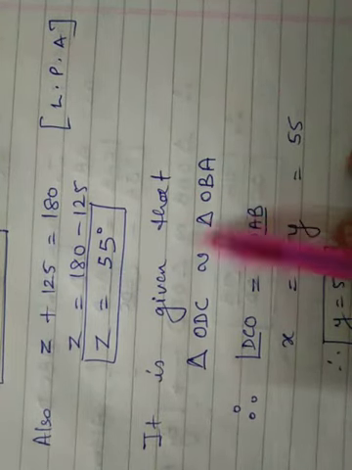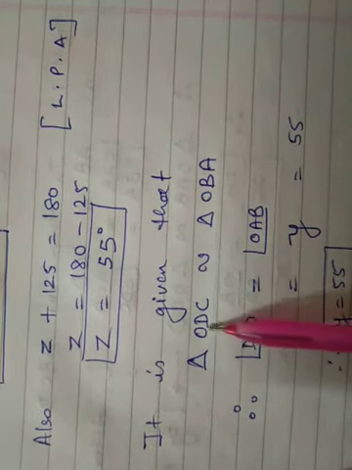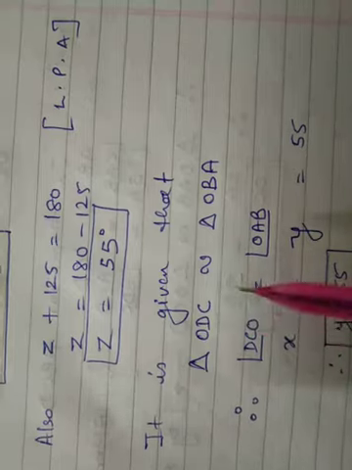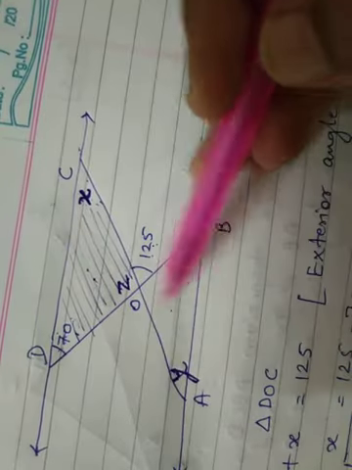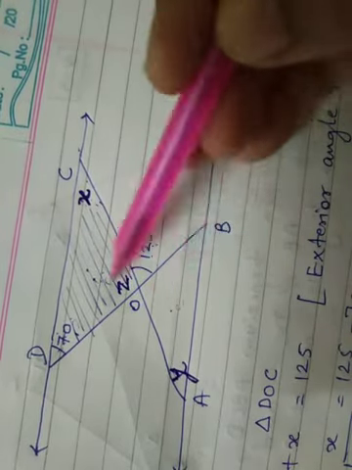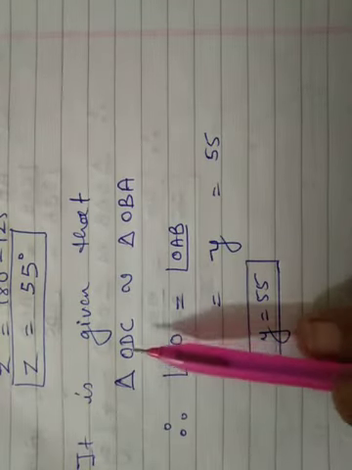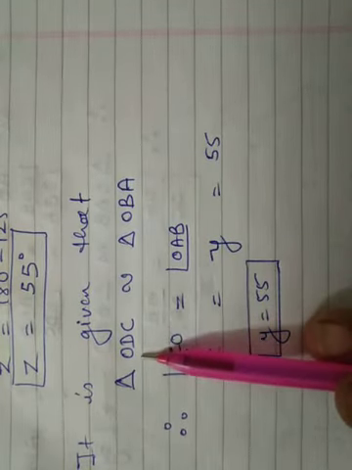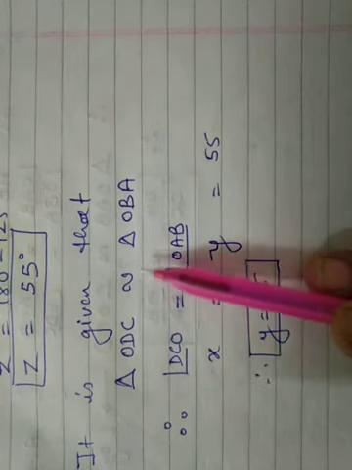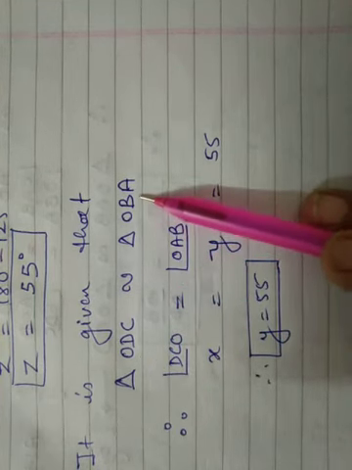Now they have given to me in the question that the two opposite triangles, जो आपको डायग्राम में ये दो triangles दिख रहे हैं ना, the two triangles are similar to each other. So see, they have said that triangle ODC is similar to triangle OBA.